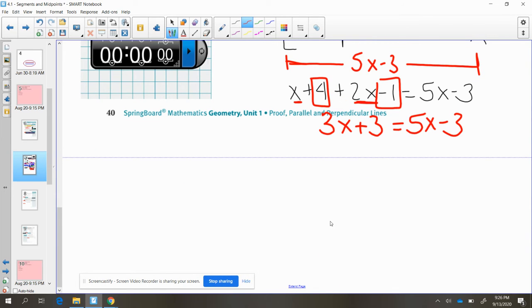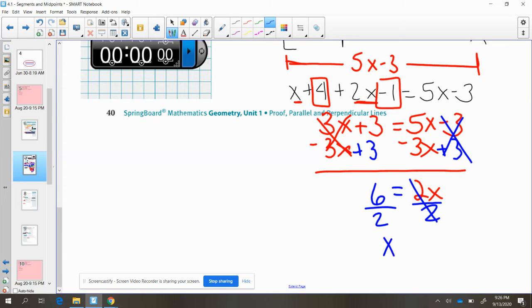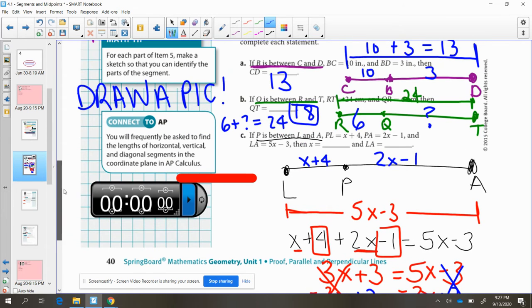So from here, I'm going to subtract the 3x to the other side. And I'm also going to add my 3 to both sides so that I have something on each side. And then last but not least, when we divide, we get x to equal 3. Okay, so that's part of this, it wants what x is, which was 3.